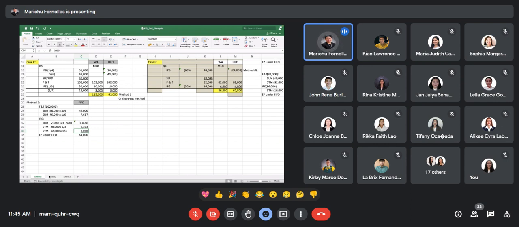Now, highlight the second statement. All material is added at the beginning. In your quantity schedule, both IPB and IPE will have 100% for materials.